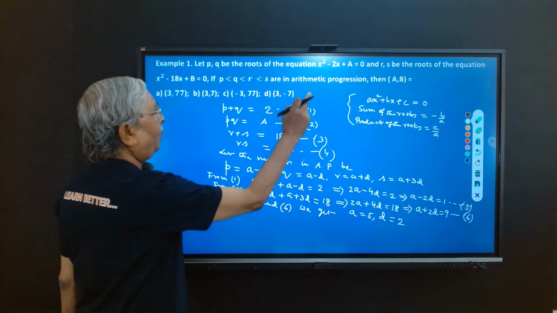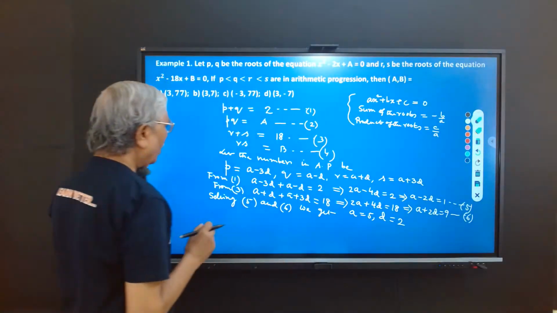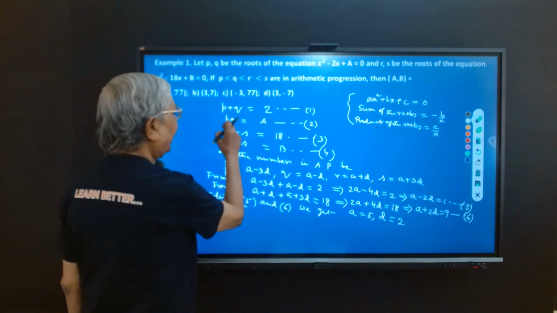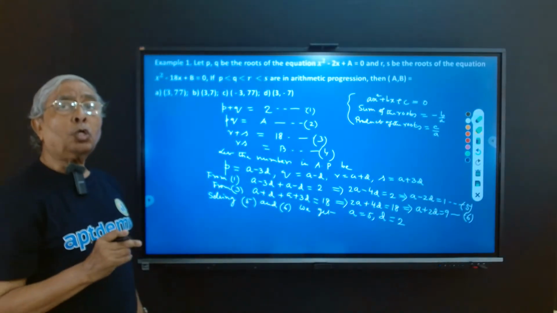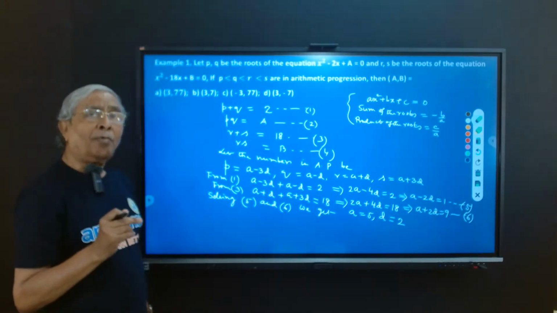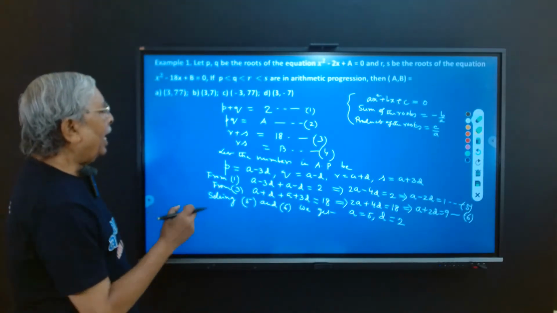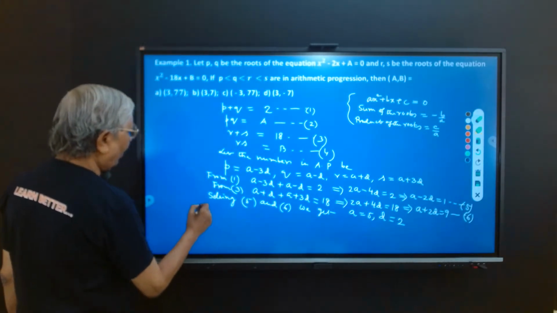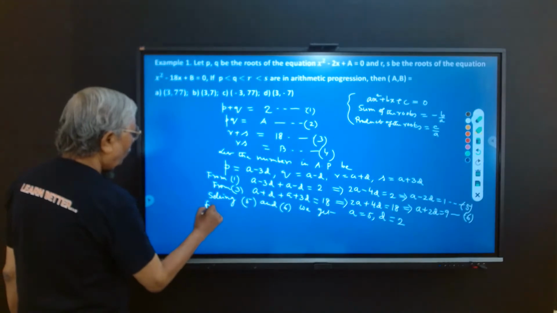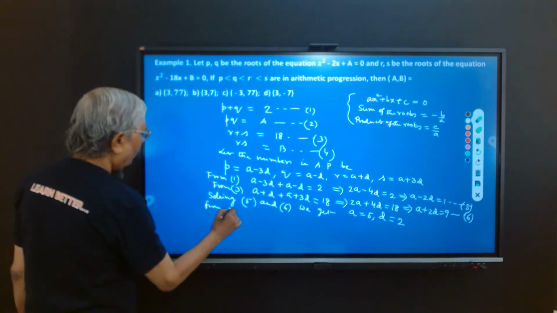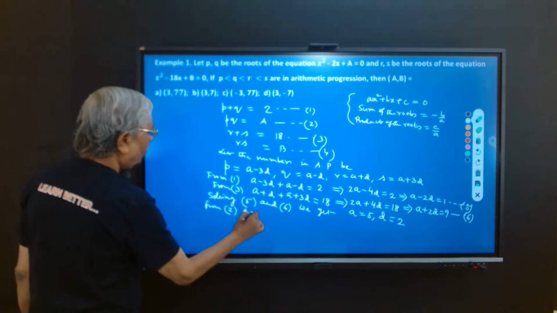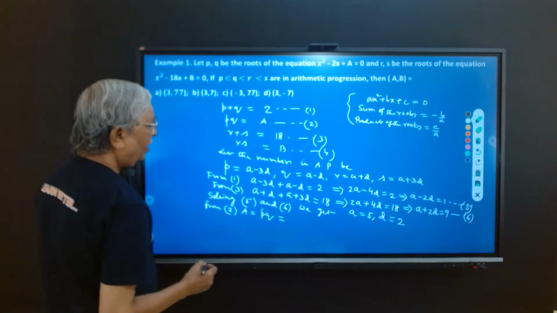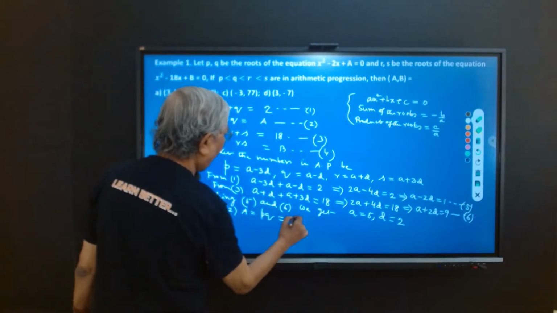Yes, what do we want? Capital A and capital B. So we have got a and d. What is our A? A is our p into q. So we should find the value of p and q and also r and s. So pq is equal to A, from 2. What is our p? a minus 3d.